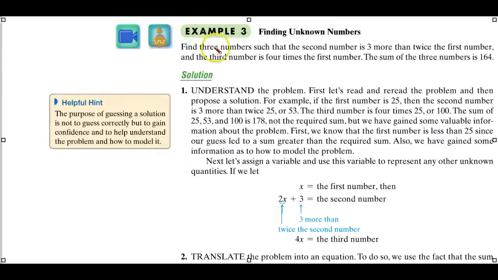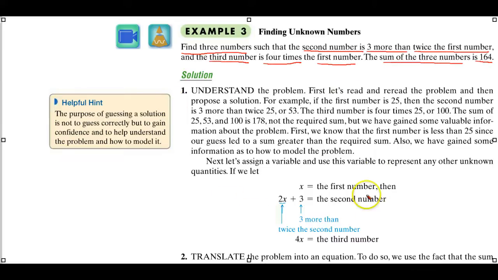Okay, we'll do some. So in example 3, they're saying find 3 numbers such that the second number is 3 more than twice the first number, and the third number is 4 times the first number, and the sum of the 3 numbers is 164.